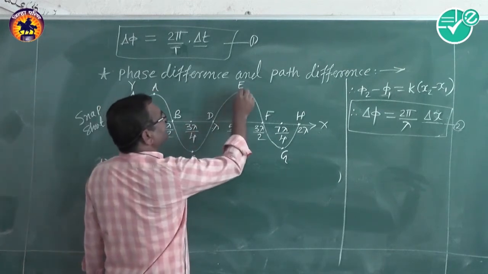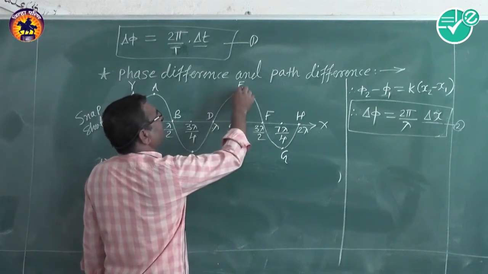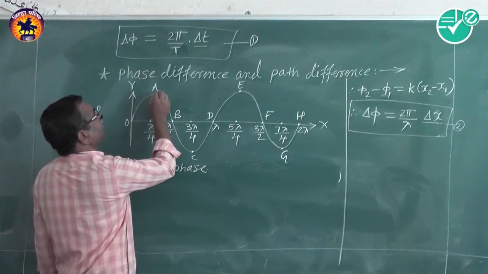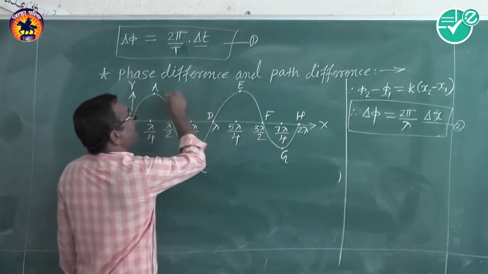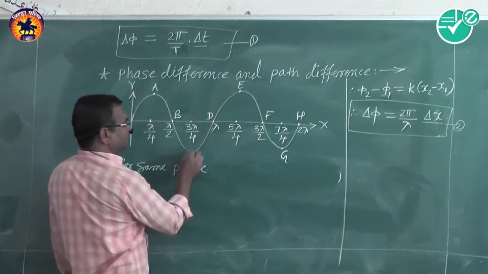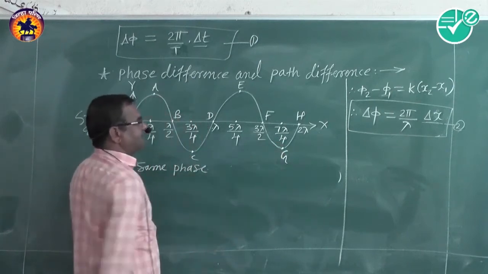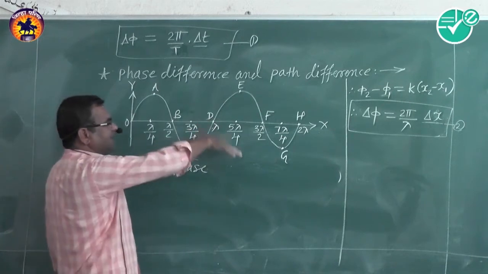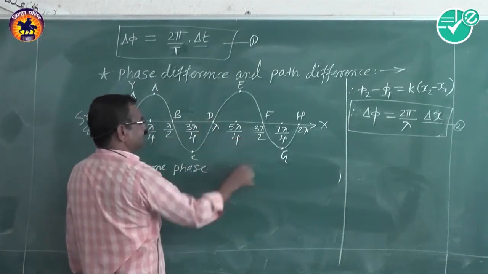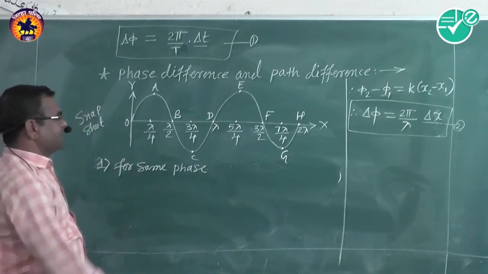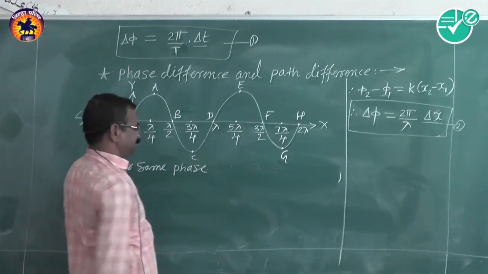Again this point E is at the extreme position and above the x-axis. Therefore we say that particles A and E are in same phase. Also the points C and G are in same phase. These are the negative extreme positions below the axis.